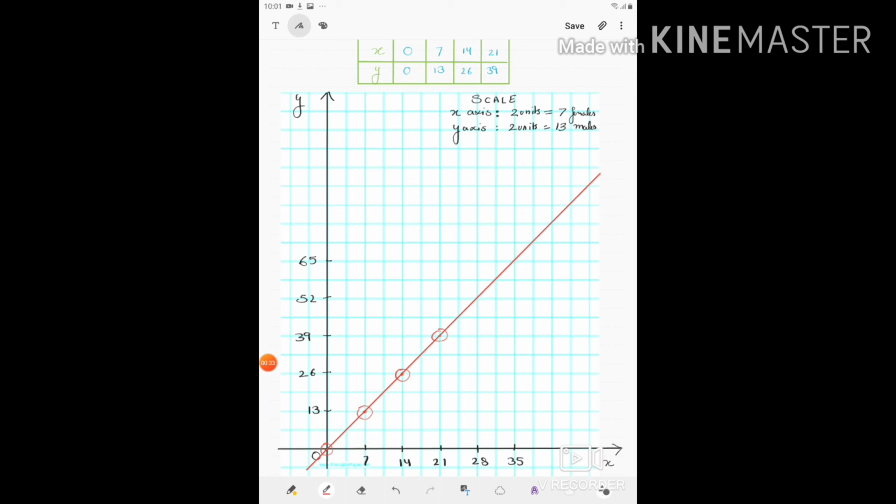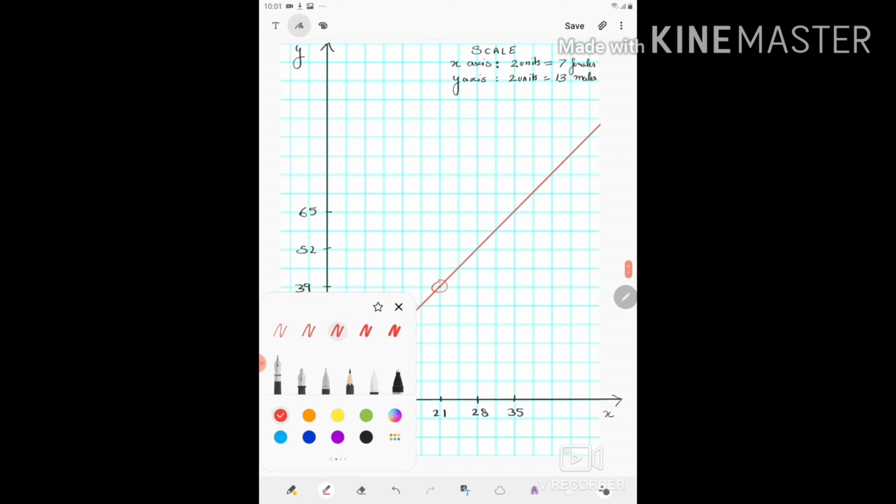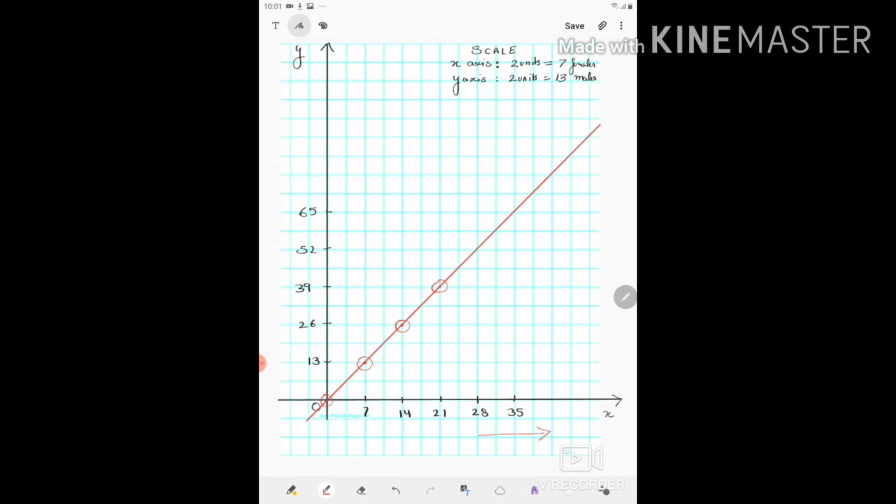The red line here is showing the graph for the situation. Now we will label the graph. On the x-axis we are representing number of females, and on the y-axis we are representing number of males.